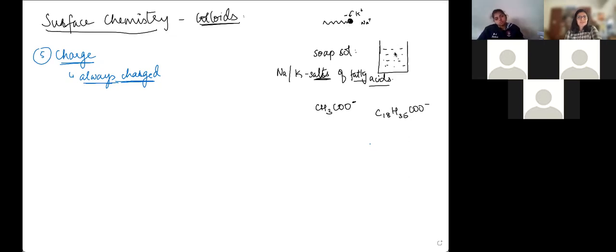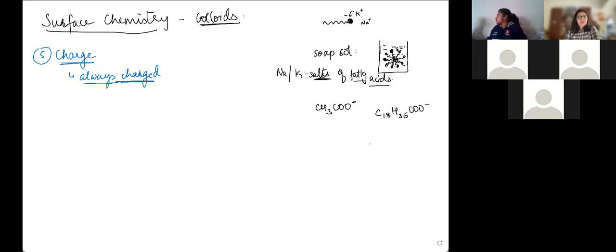So when soap micelles are formed, because this is water, the hydrophobic part is repelled away from water. They all aggregate inside, and the hydrophilic ionic end is what is outside.